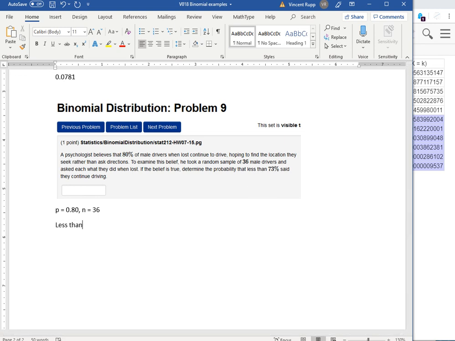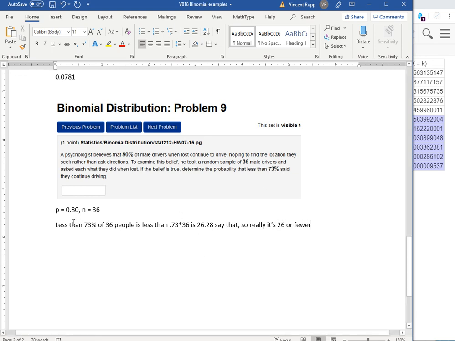Less than 73% of 36 people is, just multiply these two, and I have a calculator handy here, which you can't see, but I'm typing in 0.73 times 36. That is 26.28. So really, it's 26 or fewer.